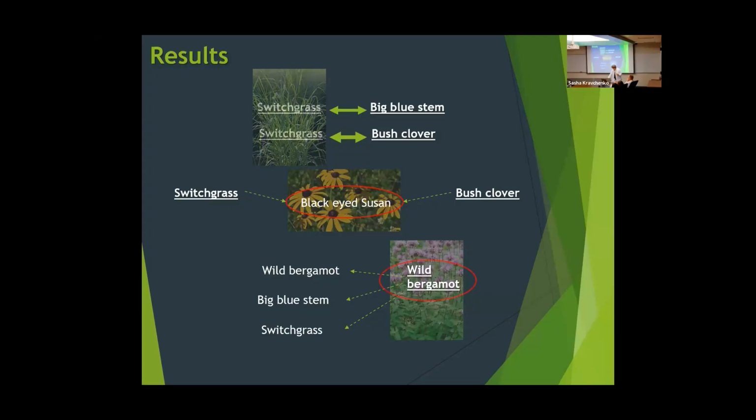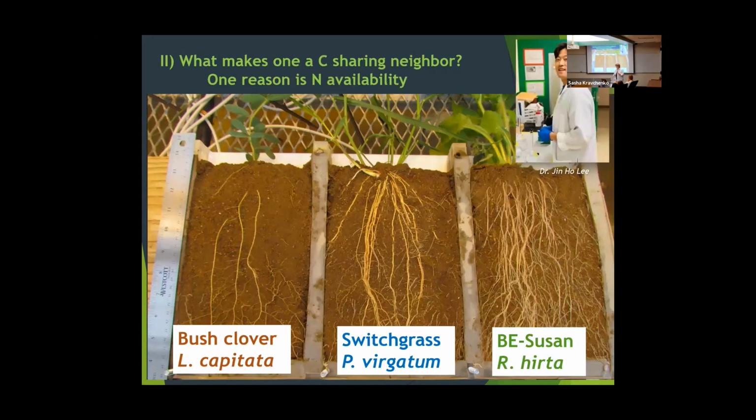So there are probably a lot of reasons for this variety of results of who gives carbon to whom. One very straightforward one that we thought we better start with is nitrogen availability.